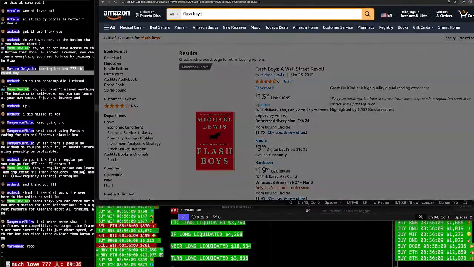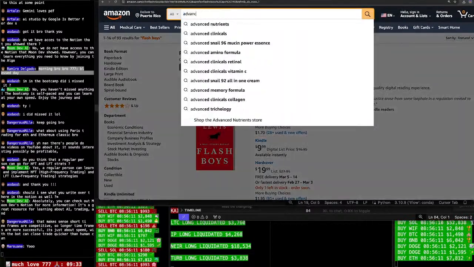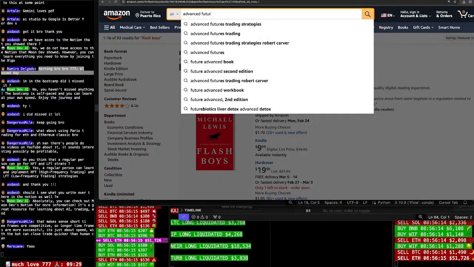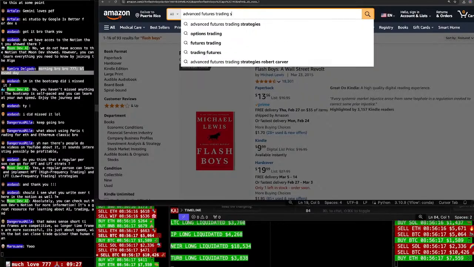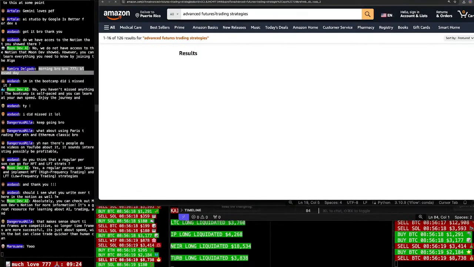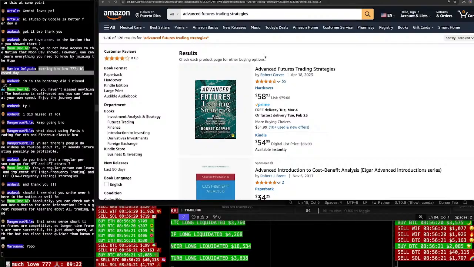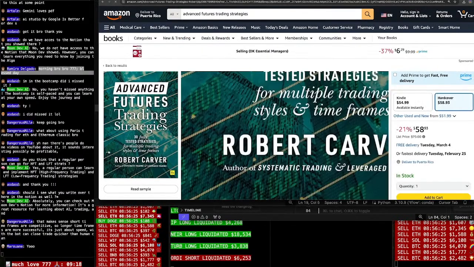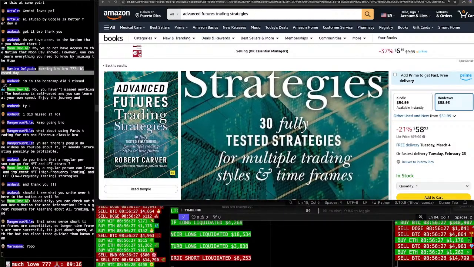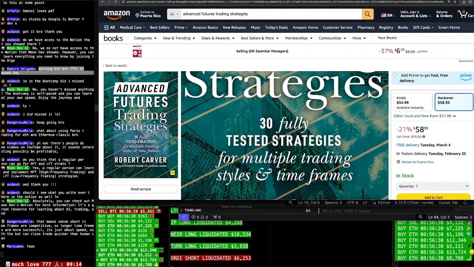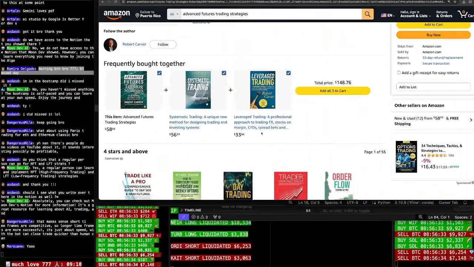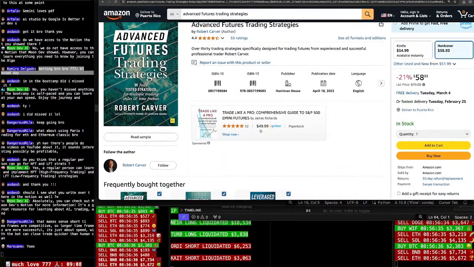Here is a ton of trading strategies. So, Advanced Futures Trading Strategies. I have this book right here, actually. And it's literally a textbook of 30 fully tested trading strategies. So he's tested them for you, walks you through them. So if you're looking to approach this game correctly, remember it starts with research.